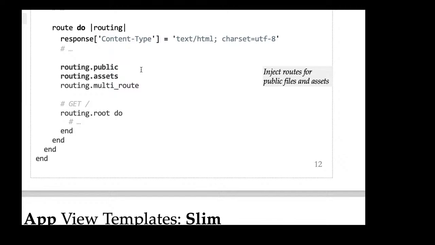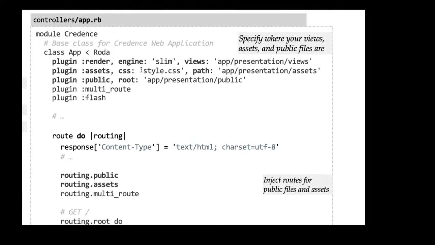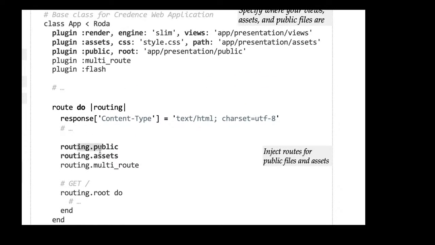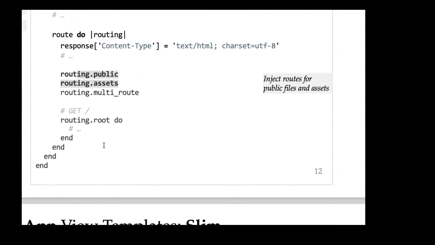If somebody's looking for CSS or JavaScript, you're not going to find it in my routes. Please find it here. It just tells it to be aware of that. Essentially, what routing.public and routing.assets is doing is setting up routes for you automatically using the information you provided up here. And after that, you can start defining your own custom routes down here.